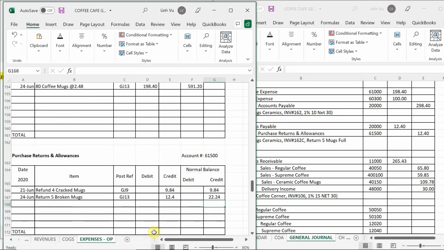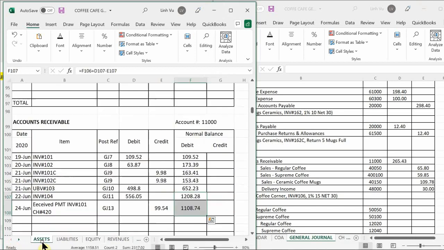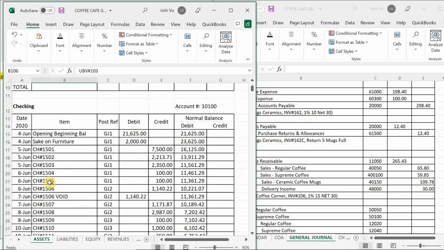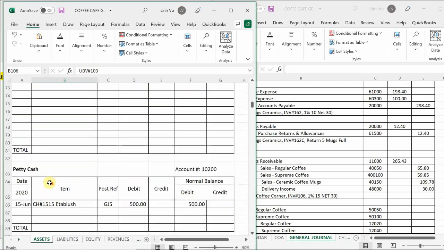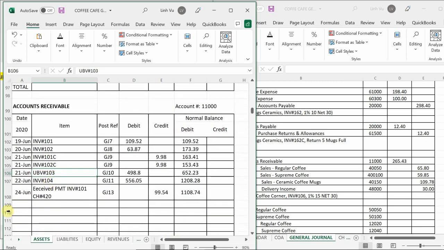Next is the ledger, right? Starting out with our accounts receivable account, for 265.43.